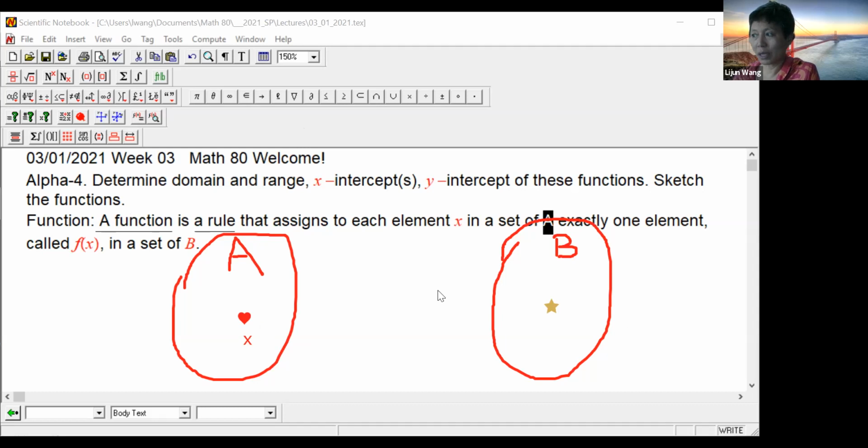And this rule we call F will do that work. Okay, so how does it do it?